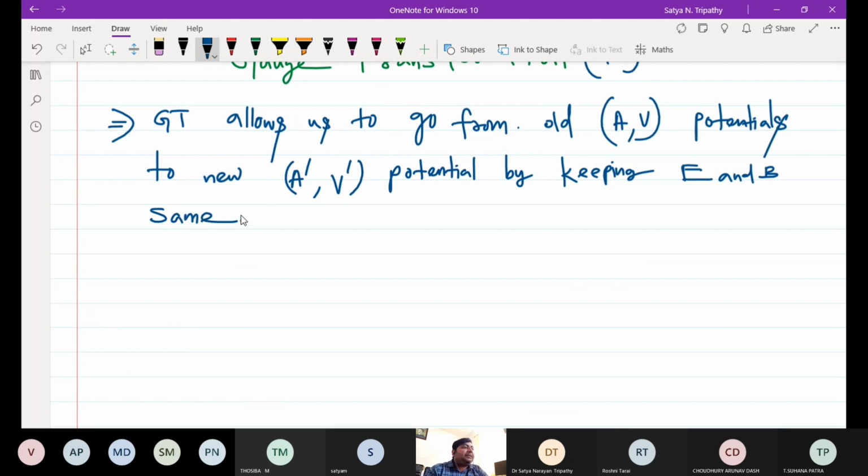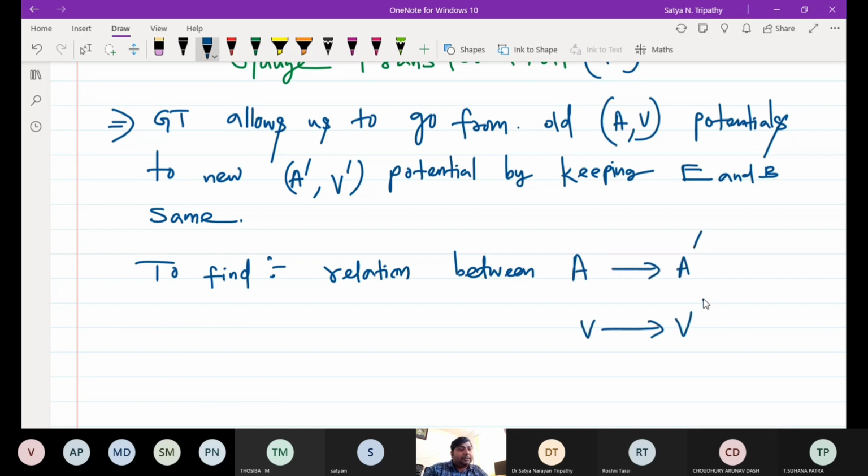Okay, so this is the basic thing. Now we'll find the relation between A and A dash, and V and V dash.